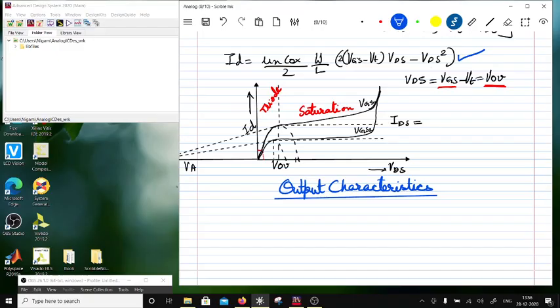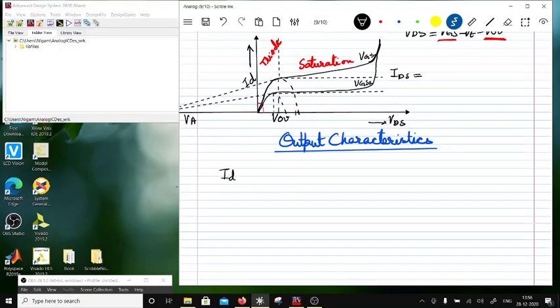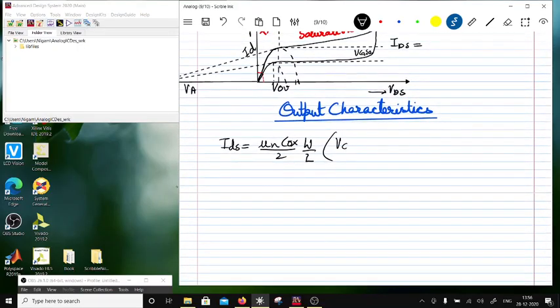Now at the pinch off, the equation would be IDS is equal to mu NCOX by 2 W by L, and twice of VGS minus VT into VGS minus VT. So we are substituting this over there, and we will be left with VGS minus VTN square.